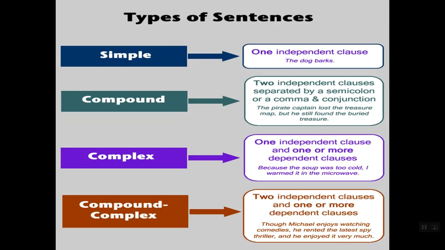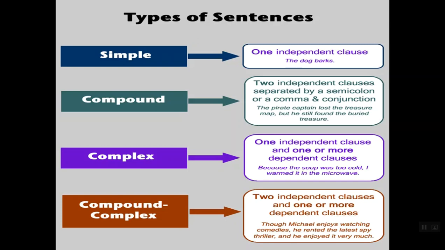So we have two subjects. How many verbs, how many predicates? The first predicate is lost. The second verb is found. So we have two subjects, two verbs, two sentences, two independent clauses.